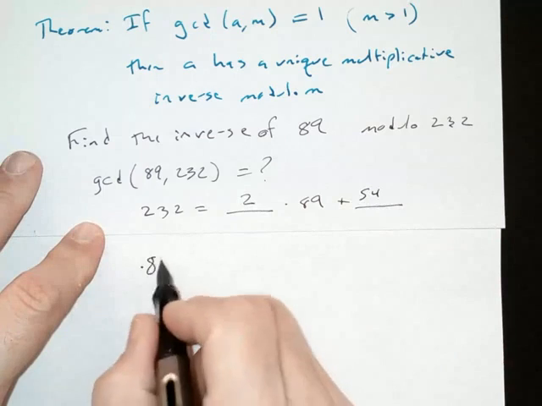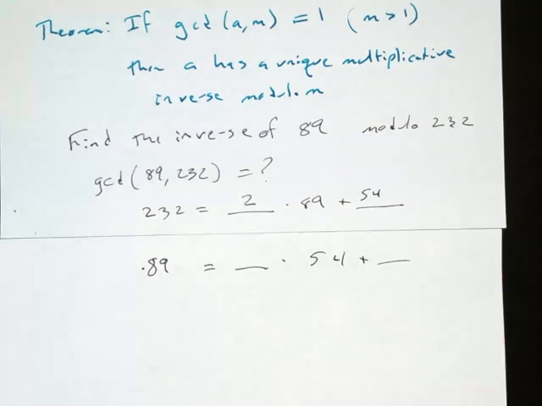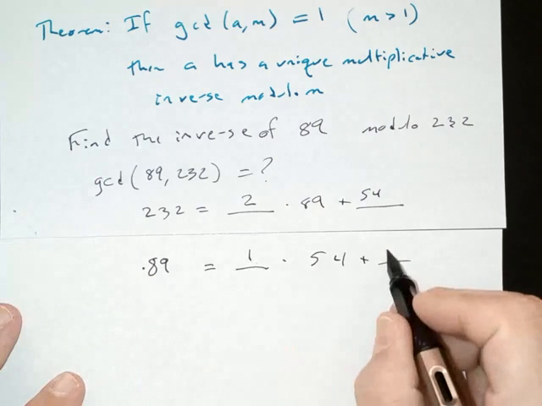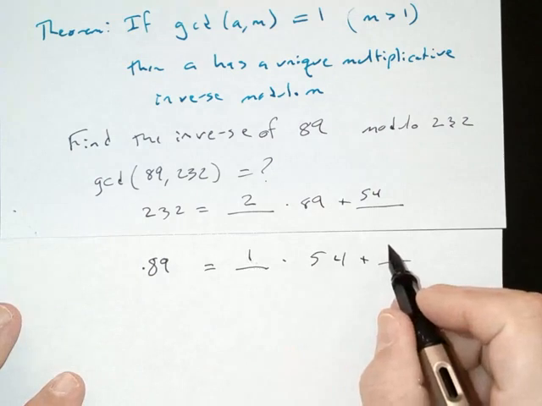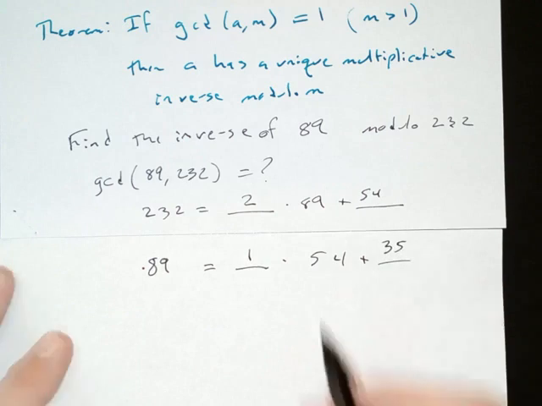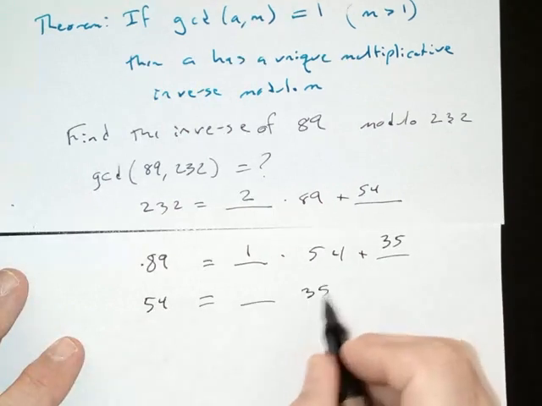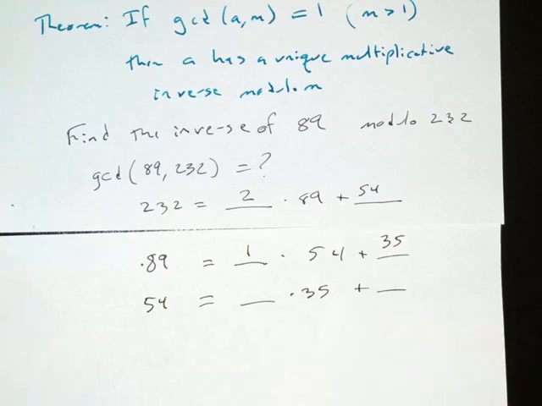Which means the next step is to do 89 is something times 54 with something left over. But there's only one 54 in 89, and the leftover is... keep going. 54 over here, 35 as my divisor.